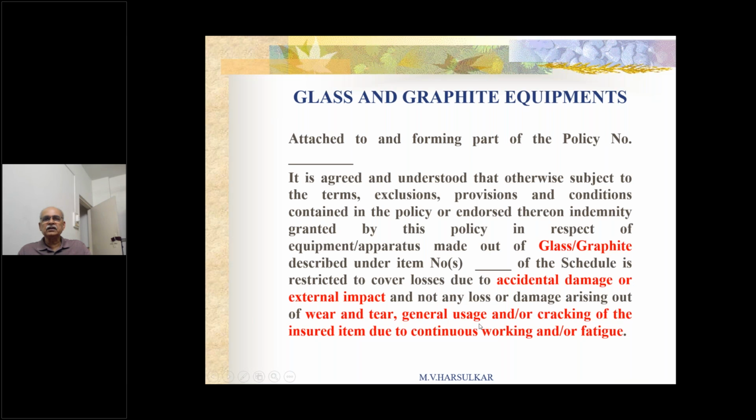So normal usage losses are specifically, although the standard exclusion is there, again repeated here. Only accidental damage or external impact: internal accidental damage because of internal working pressure or anything, or external impact, something hits on it. So these are the two things only which are covered.